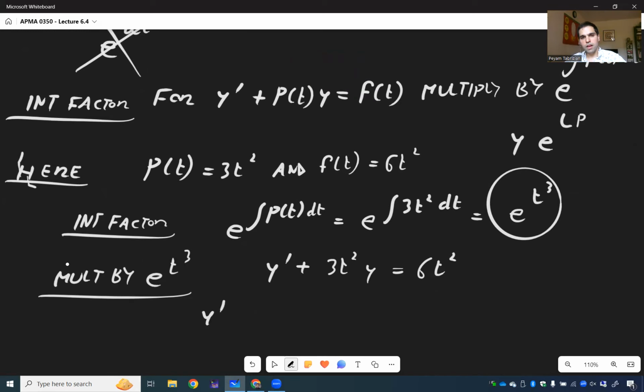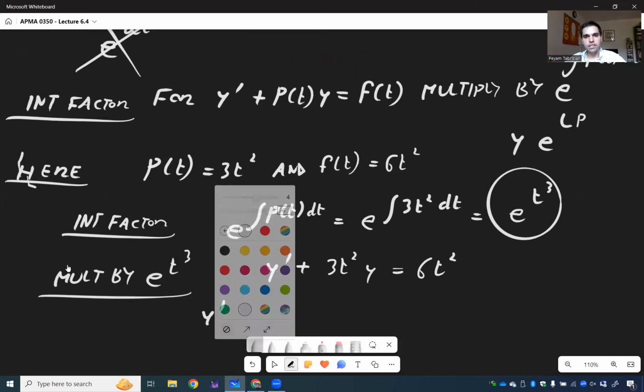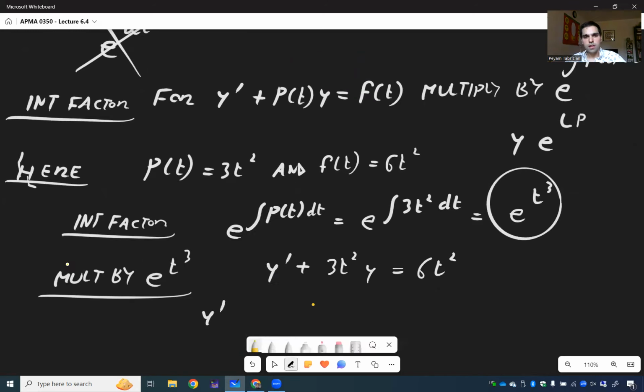Now let's just multiply all sides by e to the t cubed, so e to the t cubed y prime plus e to the t cubed times 3t squared y equals 6t squared times e to the t cubed.